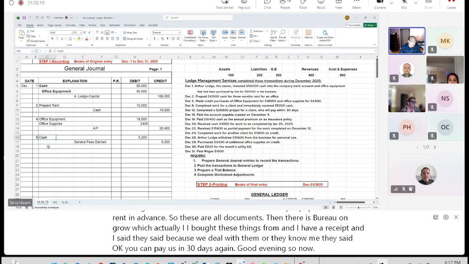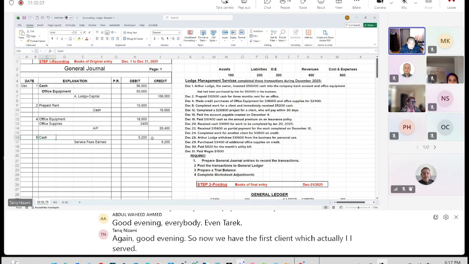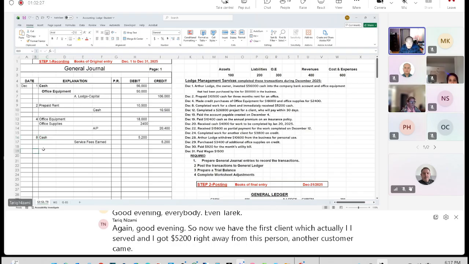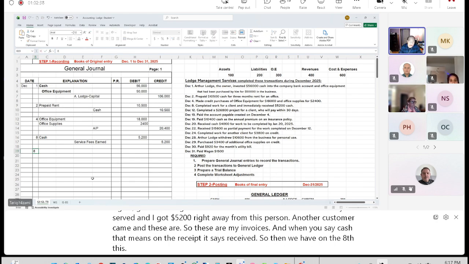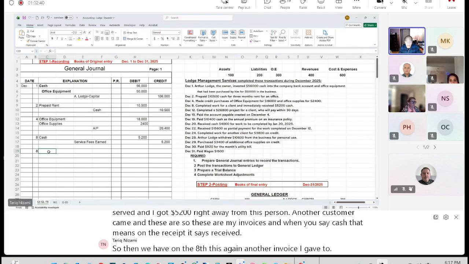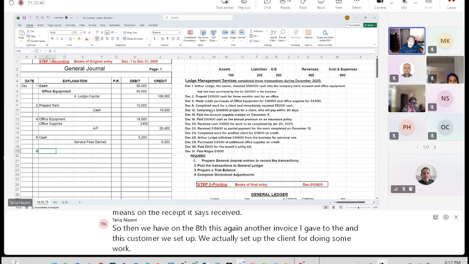So now we have the first client, which I served, and I got $5,200 right away from this person. Another customer came, and these are my invoices. And when you say cash, that means on the receipt it says received. Then we have on the 8th, another invoice I gave, and this customer we set up for doing some work on credit.